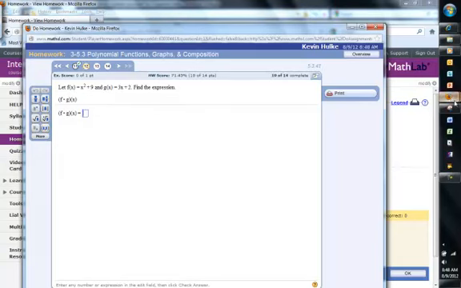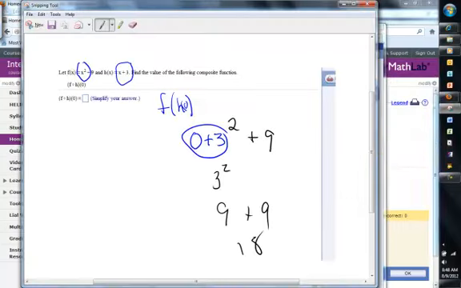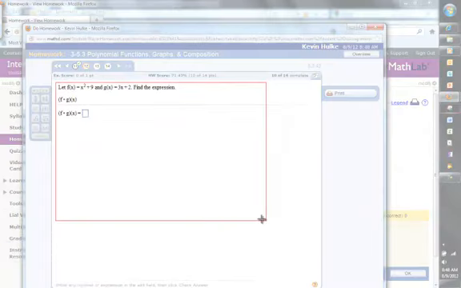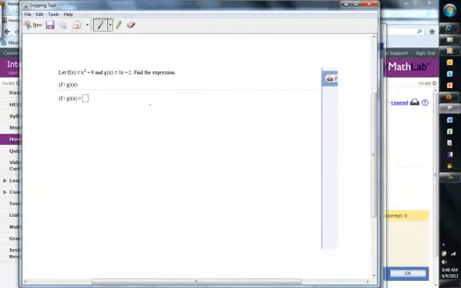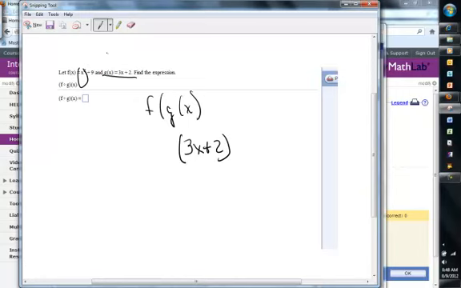Next one. Now we're doing f of g of x. Okay, so we do g first. 3x plus 2, that's our g. That's going to become the x part of this one. So we're going to square that and add 9.